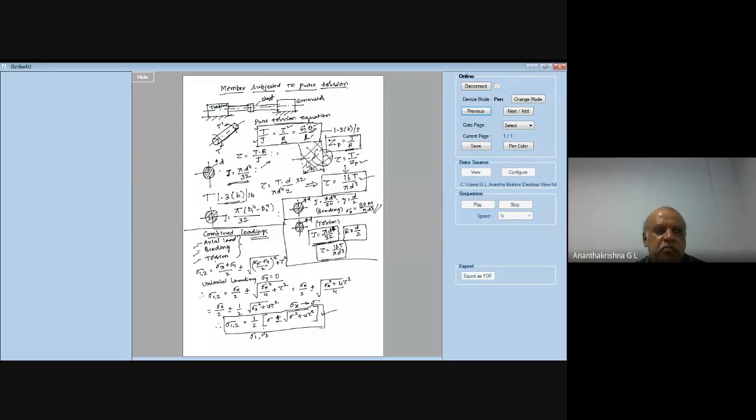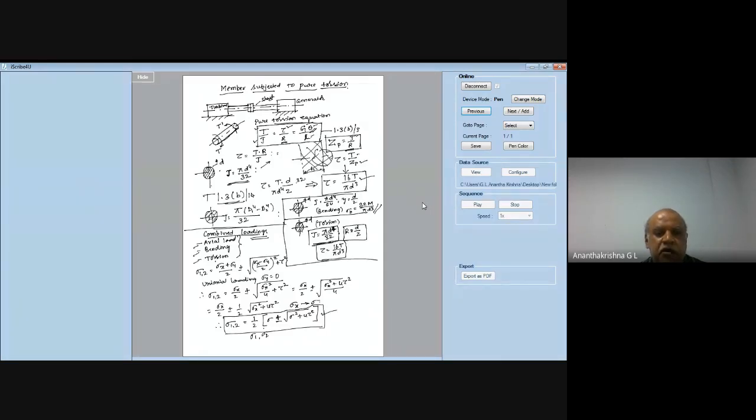A combination of loadings like axial, bending and torsion may be seen in a propeller shaft, in a bolt when the nut is tightened, etc. Axial is load acting along the axis.